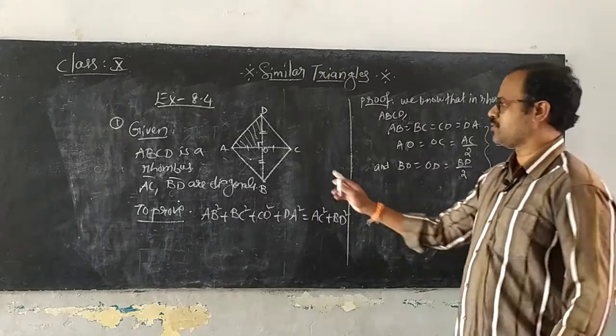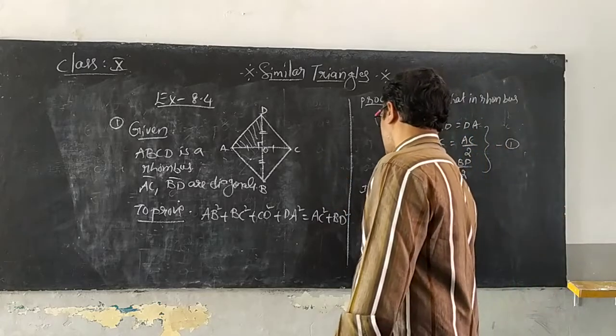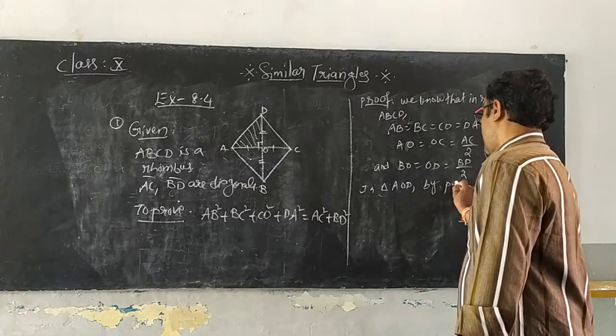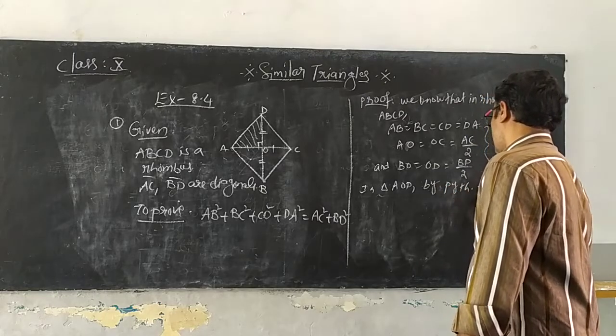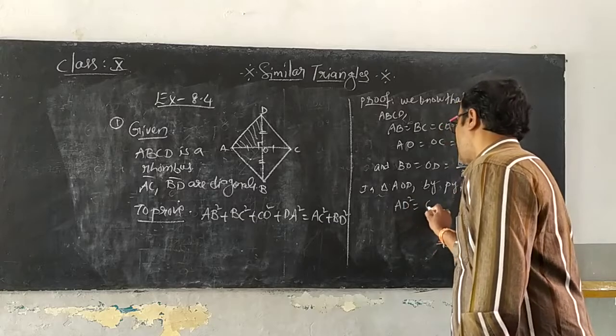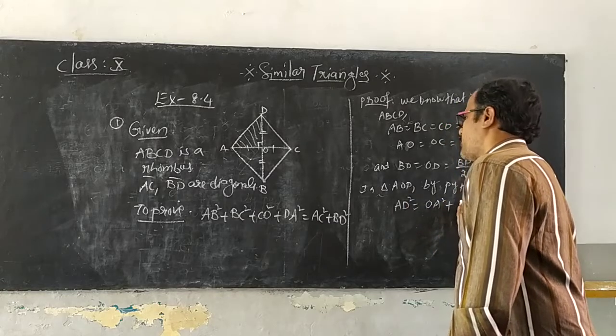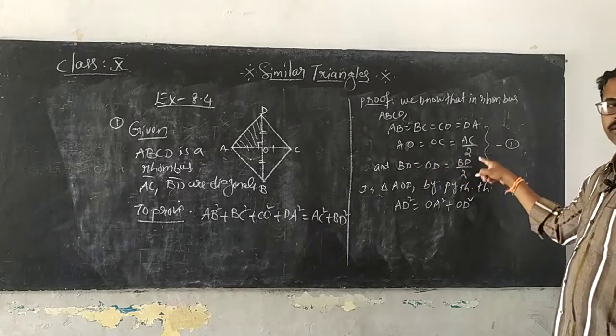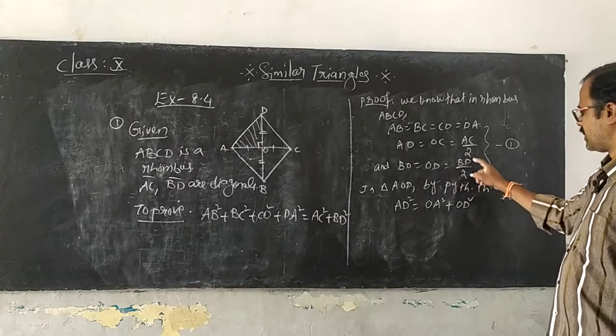Now it's very simple. You take the triangle. In triangle AOD, by Pythagoras theorem, what can you say? AD square is equal to OA square plus OD square. What is OA? That is AC by 2. What is OD? That is BD by 2.